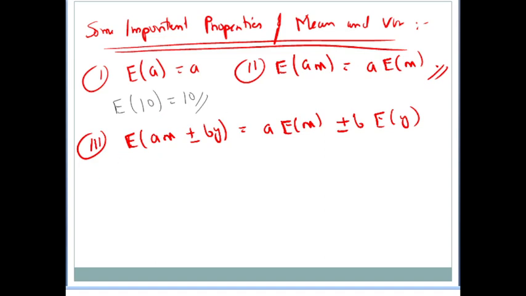Now if we discuss variance, what will happen? We know that the variance of x is the mean square value minus the square of the mean.